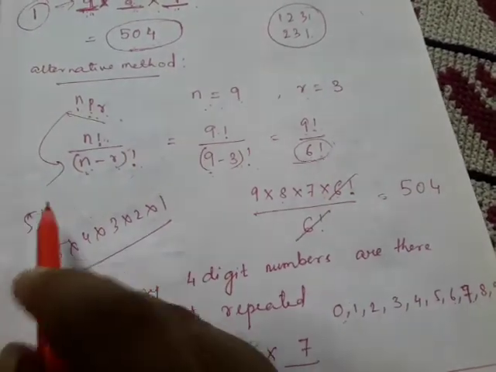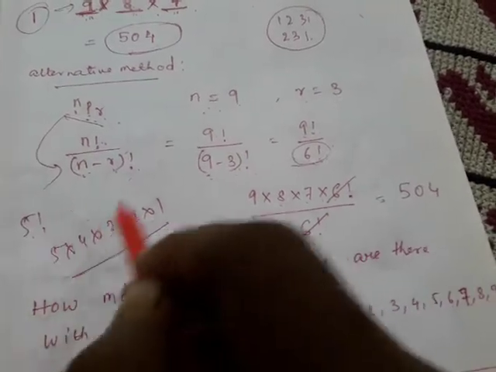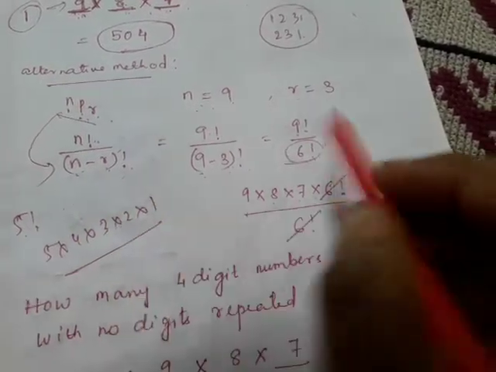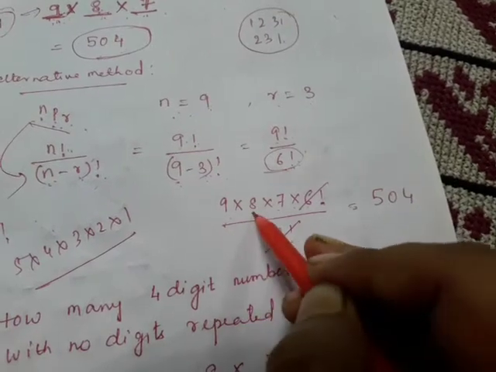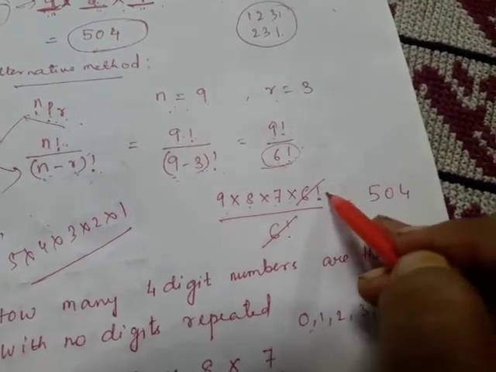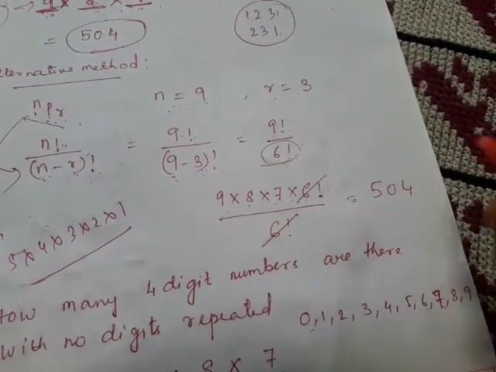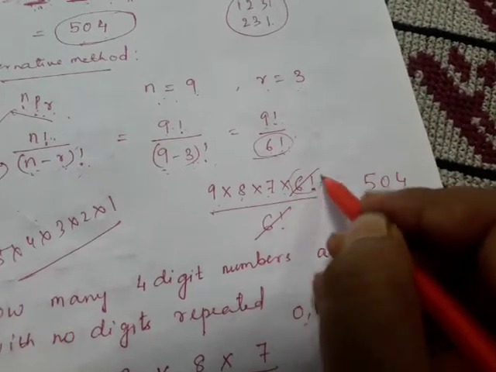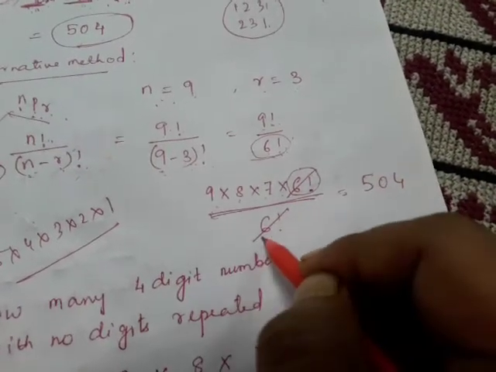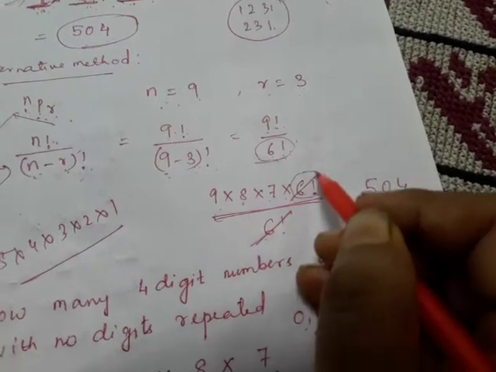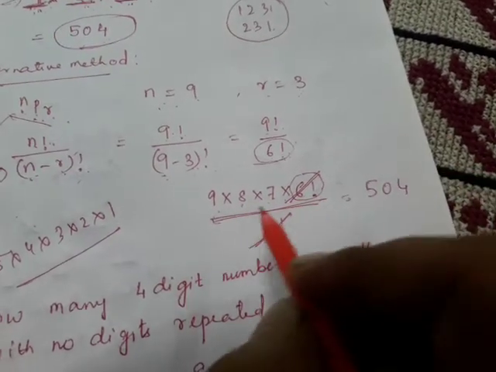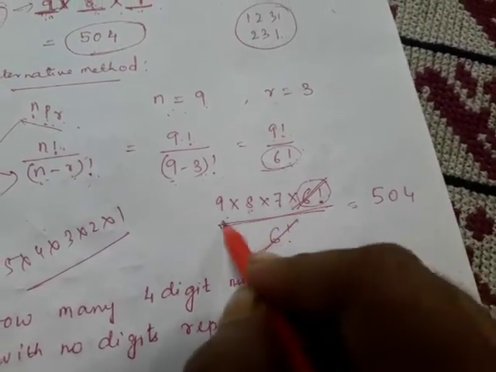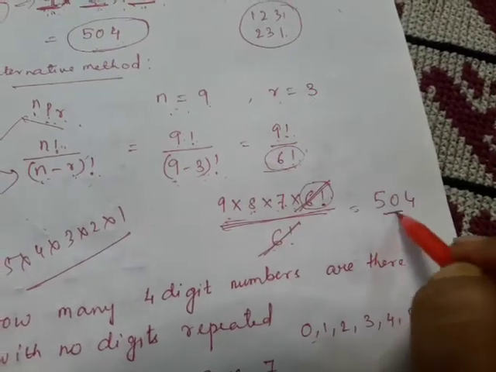So factorial means from that number it keeps getting multiplied down to 1. Similarly 9 factorial means 9 into 8 into 7 into 6 into 5 into 4, and so on until 1. But we are stopping here at 6 factorial because in the denominator we have 6 factorial. So this 6 factorial and 6 factorial will get cancelled. So you will be left with 9 into 8 into 7. If you multiply, you will get 504.